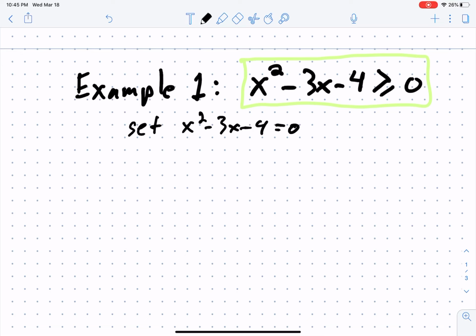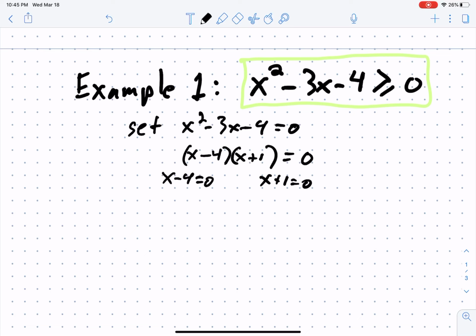Now, to solve this, this is a quadratic. We could use the quadratic formula, but I think this one factors nicely. We're looking for two numbers that multiply to give negative 4 and add up to negative 3. And those numbers are minus 4 and plus 1. Now, we use the zero product property here. We split this into two equations. We have x minus 4 is equal to 0 and x plus 1 is equal to 0.